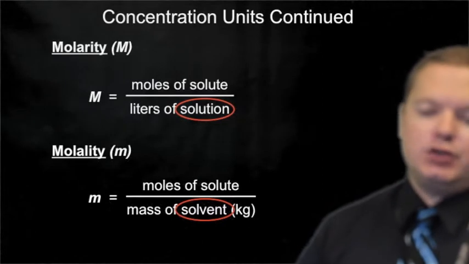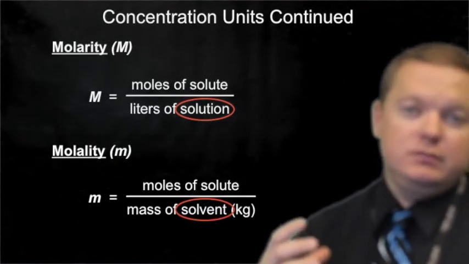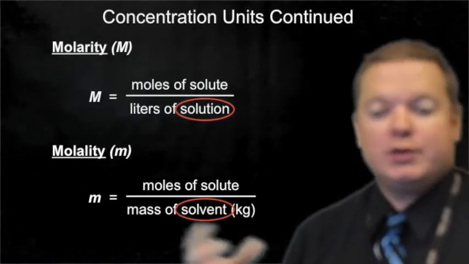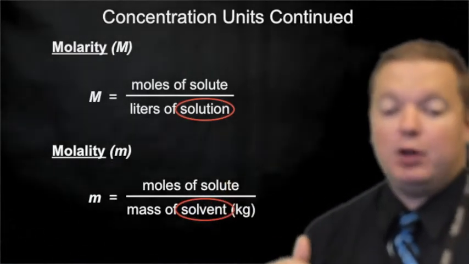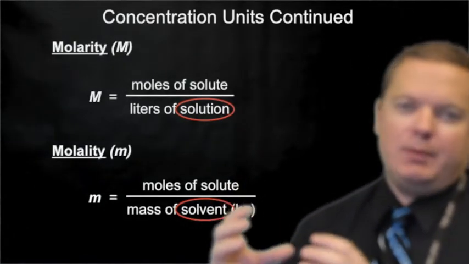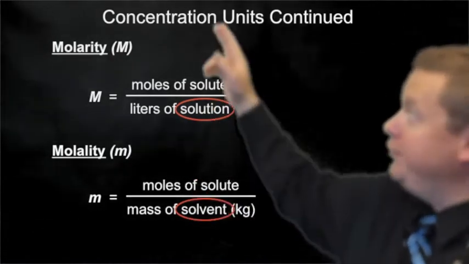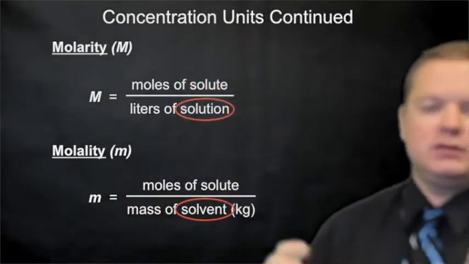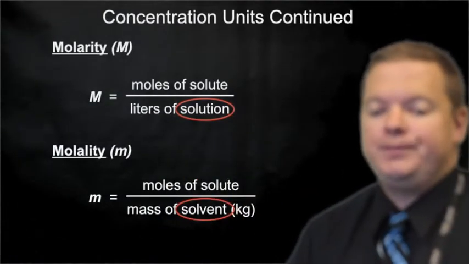The last set of concentration units, we're going to relate the amount of solute by moles. So in both molarity, capital M, versus molality, lowercase m, the amount of solute that we're talking about is always the moles. So in molarity, capital M, it's moles of solute per liter of solution. So it's the moles per the total volume of the entire solution.